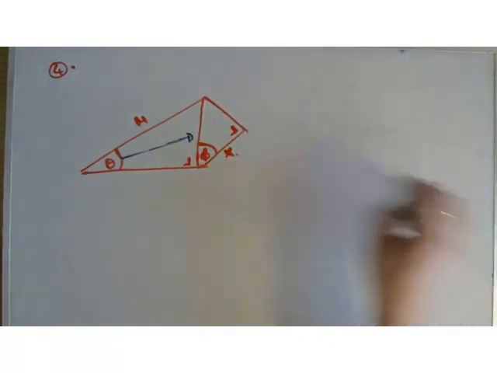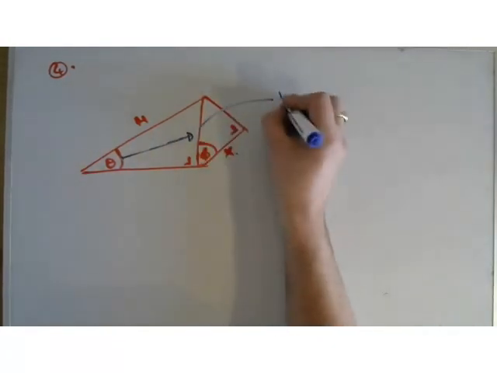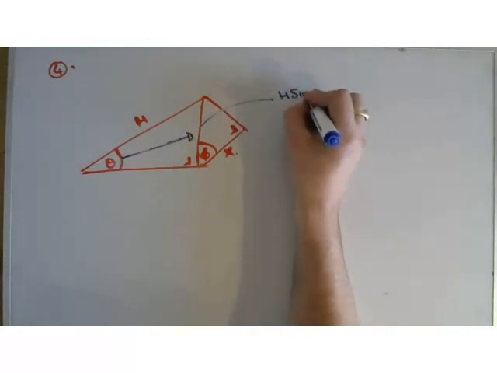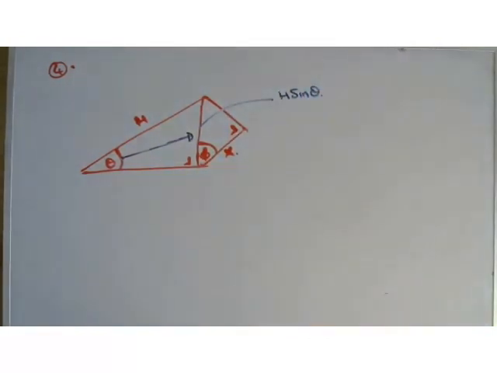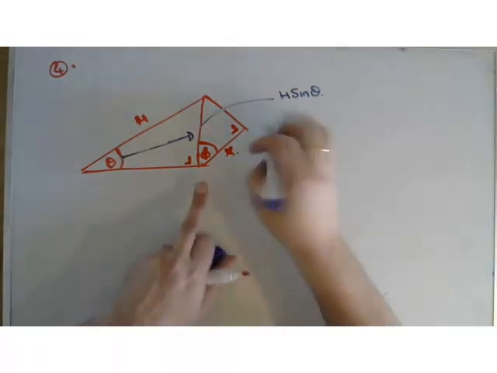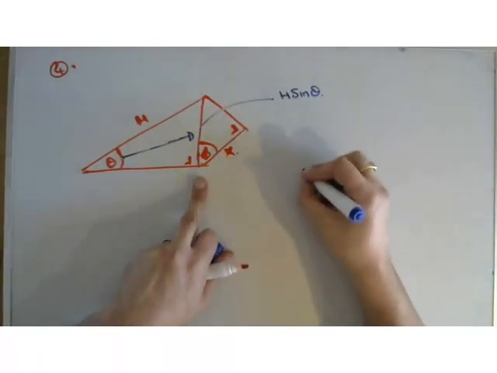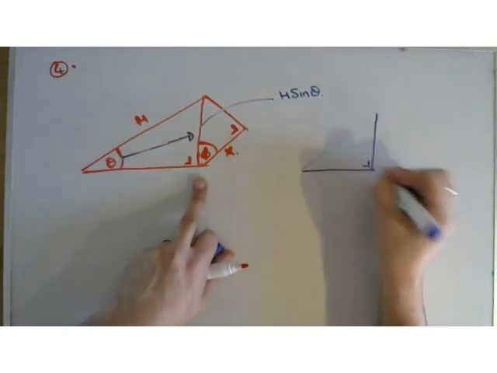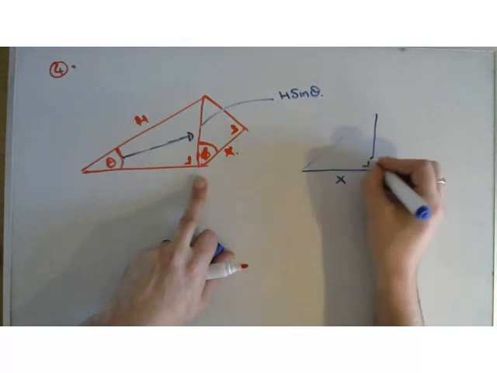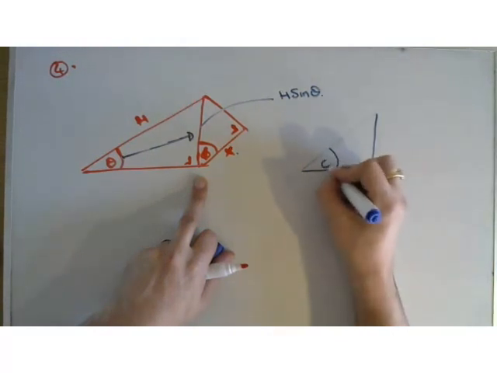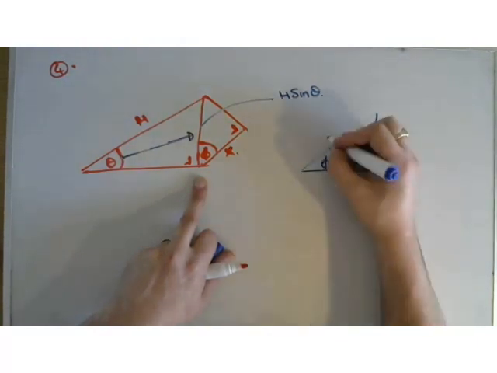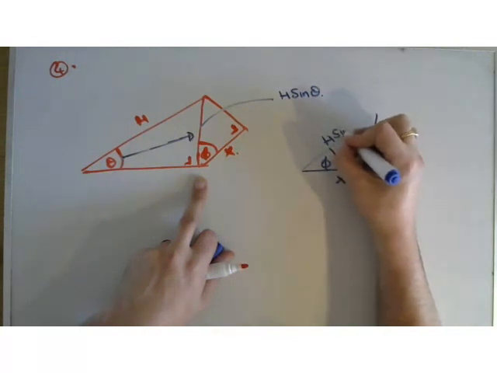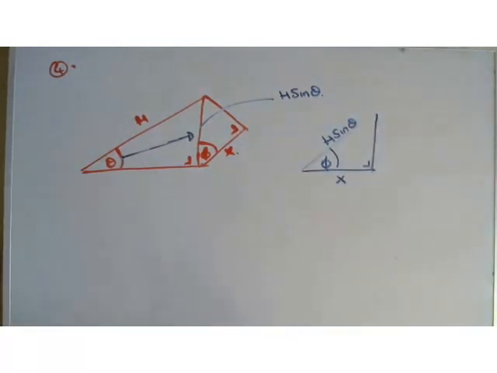So this side here is h sine theta. Now I'm going to take this triangle over here and redraw it like this. Here is x at the bottom. This is the angle phi, and this here is h sine theta.